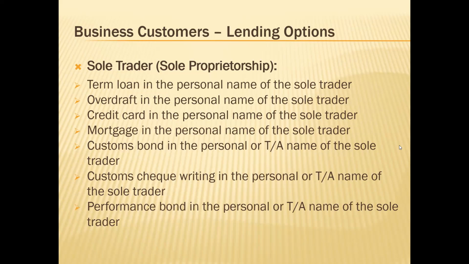They can do customs bonds in their personal names, or trading as name. They can do customs check writing facilities in their personal or trading as name. And they can do performance bonds in their personal or trading as names.